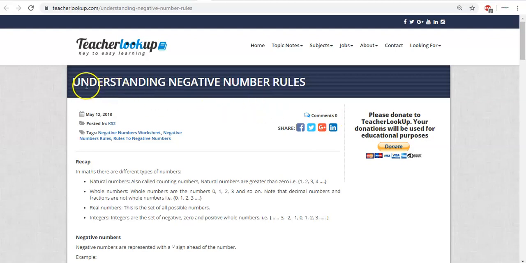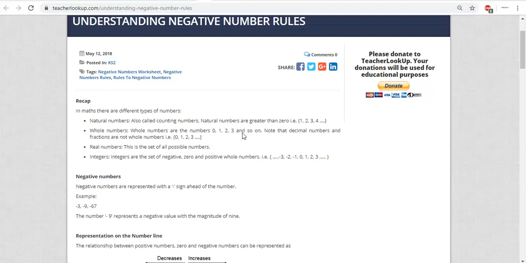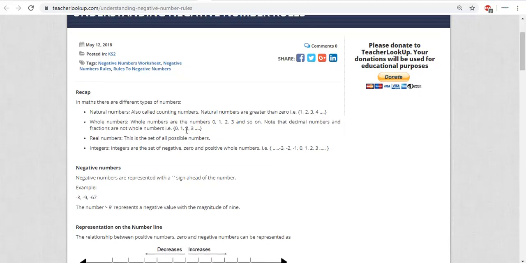So, guys, understanding negative number rules. That's what we're going to speak about. There's a bit of recap that we have done. So in maths, there are different types of numbers, guys. Natural numbers, which are also called counting numbers. Natural numbers are greater than zero, i.e., 1, 2, 3, 4. Whole numbers are the numbers 0, 1, 2, 3, and so on.